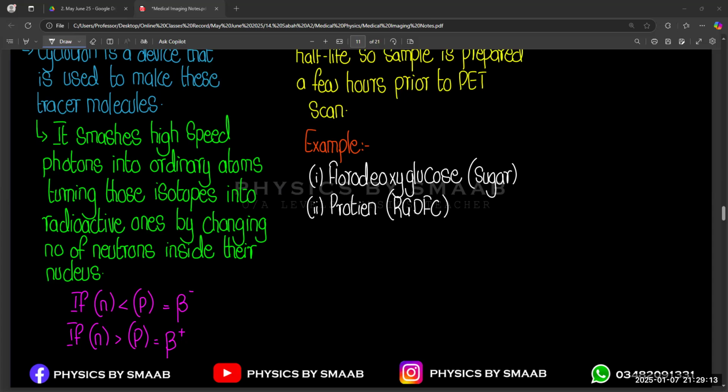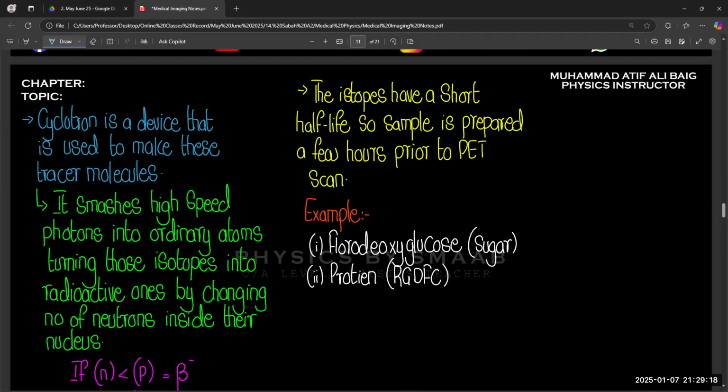And the next process after the cyclotron, because this is the whole information related to the cyclotron, because the cyclotron is a device that is doing all this process.